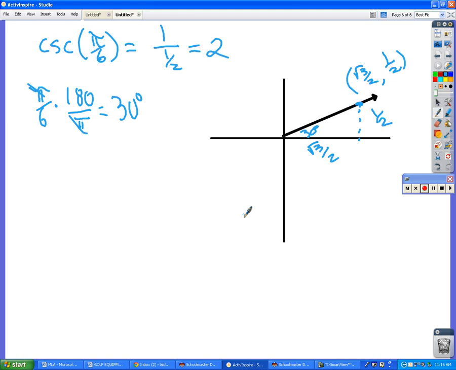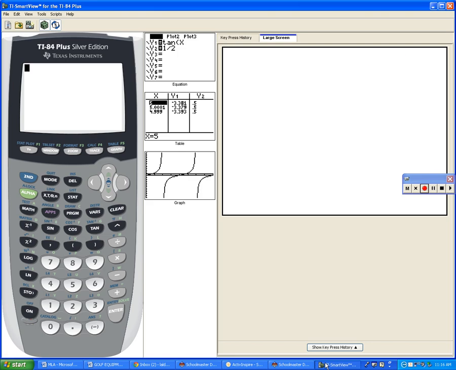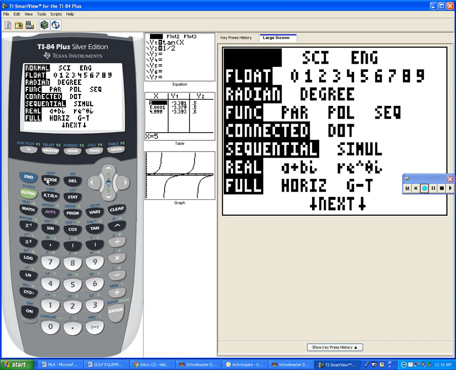Okay? Is there a button on the calculator? Yeah, there is a button on the calculator. If you look on your calculator, you'll notice that you don't have cosecant, secant, or cotangent. But we just figured out that it's 1 over sine, right? So make sure that you are in radian mode, because the pi stuff is in radians, by hitting the mode button and making sure that the word radian is highlighted.